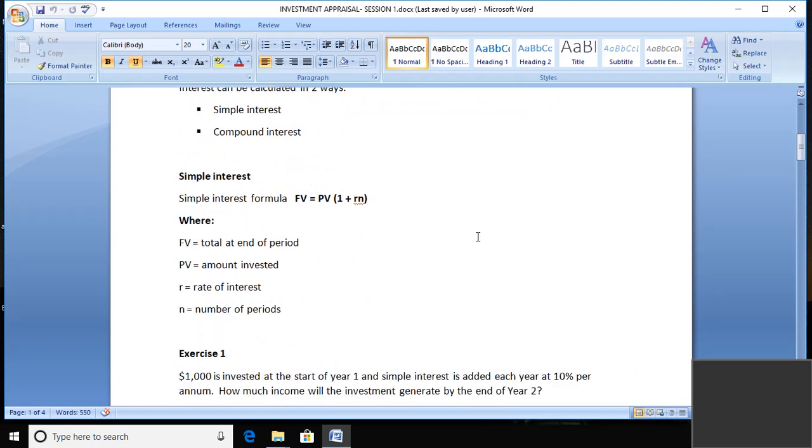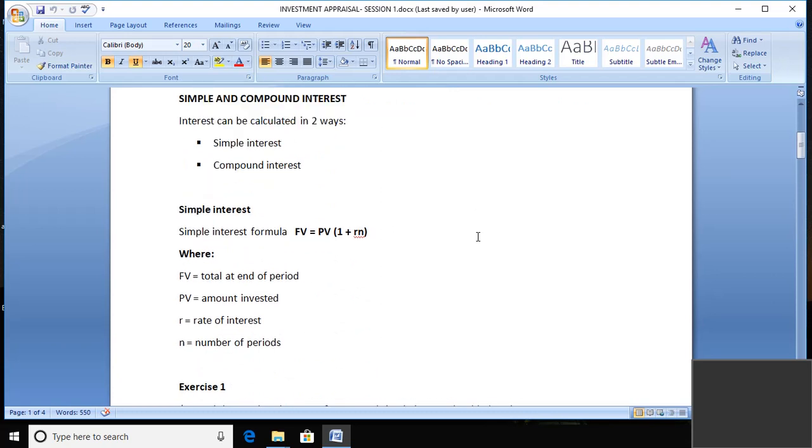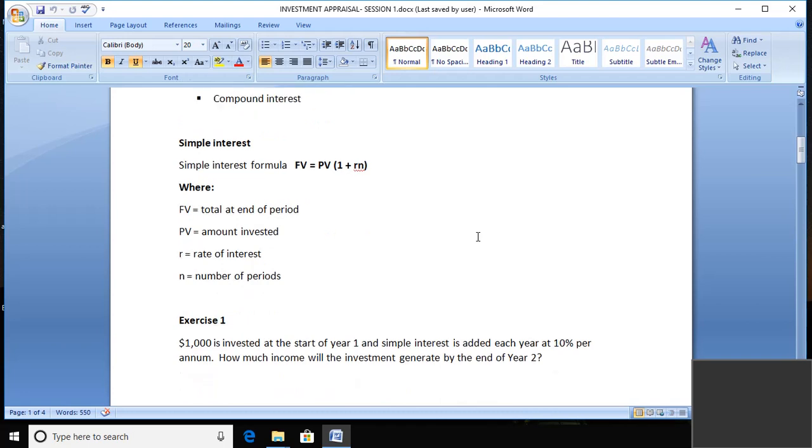So simple interest is one of the methods that can be used to calculate interest. The other method is called compounding, or calculation of compound interest. Under simple interest, the interest does not earn interest. The interest earned on an investment does not earn interest on it.